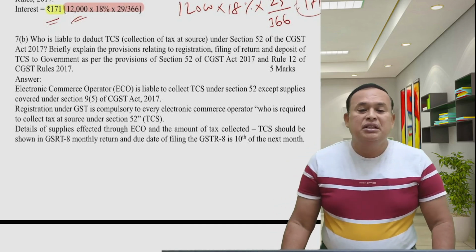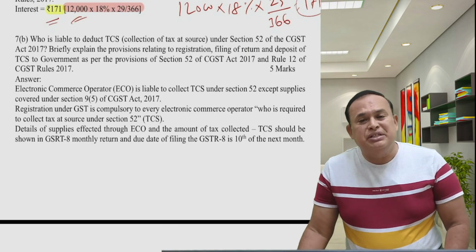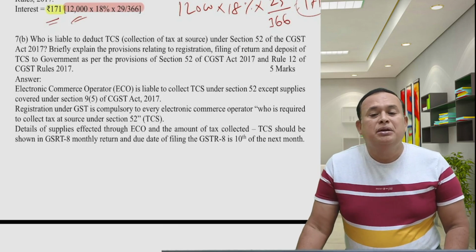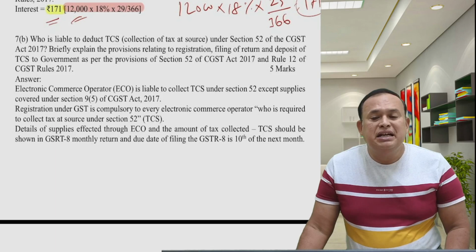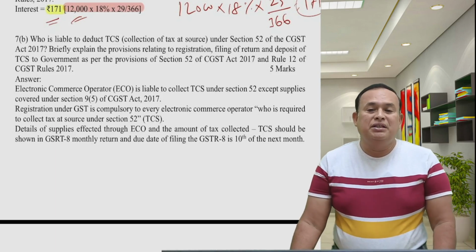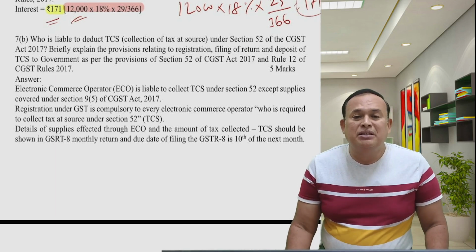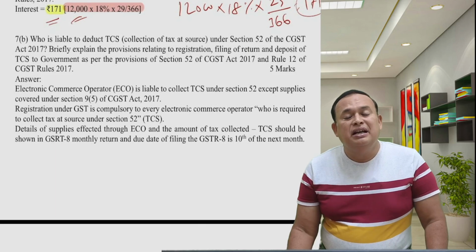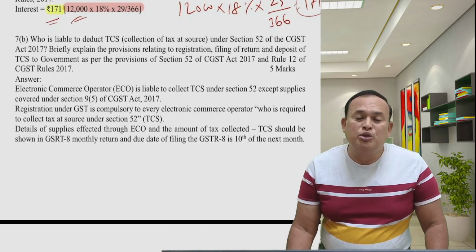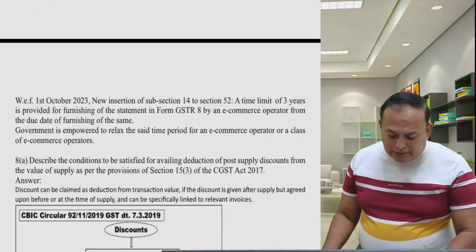Further, my dear friends, the payment of TCS is on a monthly basis by the e-commerce operator by filing the GSTR 8 return on or before 10th of the following month, and paying the TCS by the 10th of the following month while filing the GSTR 8 return, which is applicable to the TCS payer. We understood all these points.